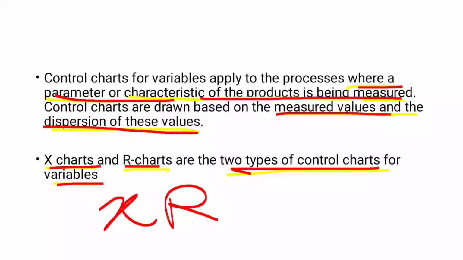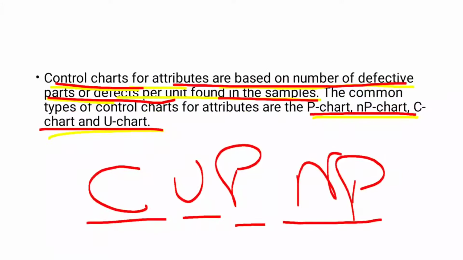Actually X, R and S is used, but X and R is for your syllabus. So in control charts for variable, X charts and R charts, whereas in control charts for attribute, CUP NP, that is C chart, NP chart, U chart and P chart.